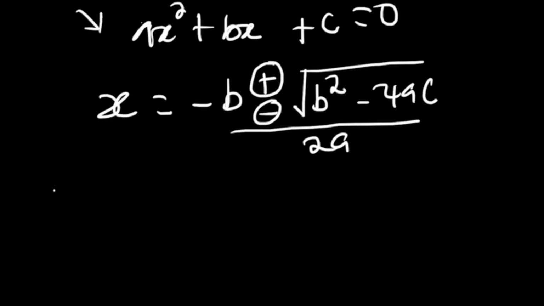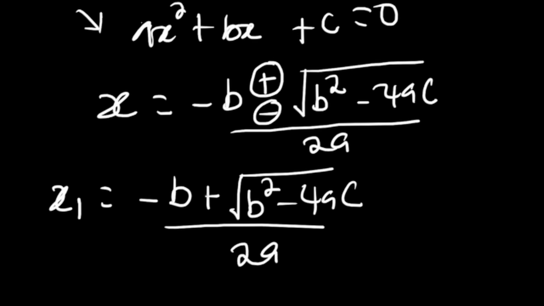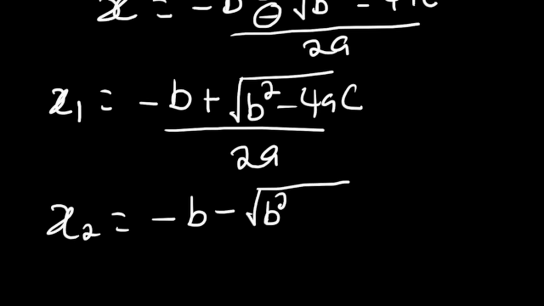We now have that x1 is equal to negative b plus the square root of b squared minus 4ac all over 2a. And then the second one, x2, is equal to negative b minus the square root of b squared minus 4ac all over 2a.